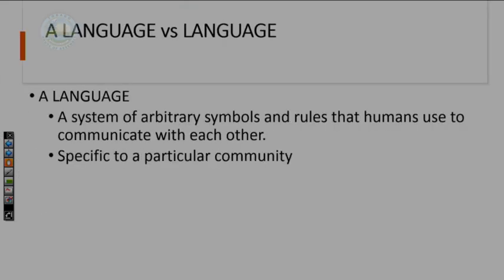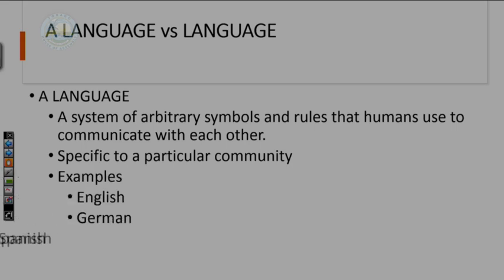So we're going to look at what is the difference between a language and language. When we look at the terms, we're seeing a language versus language. When we speak about a language, we begin by saying a, specifically the determiner a language.